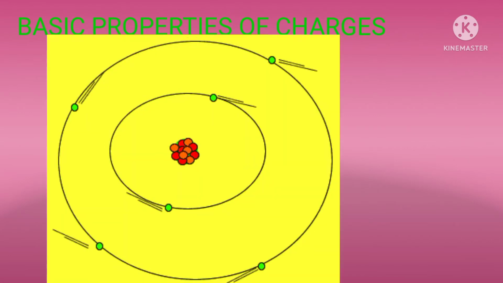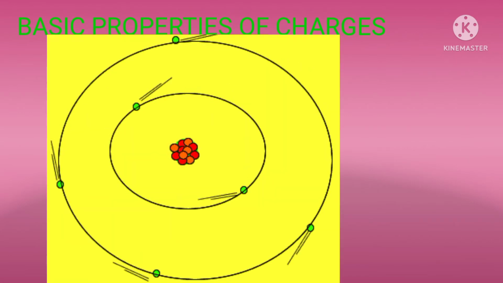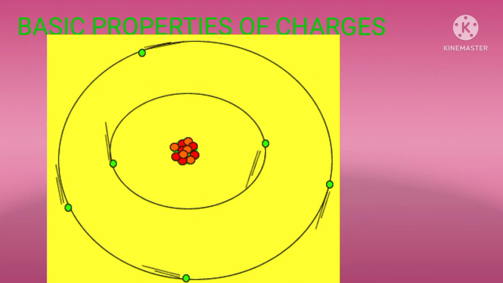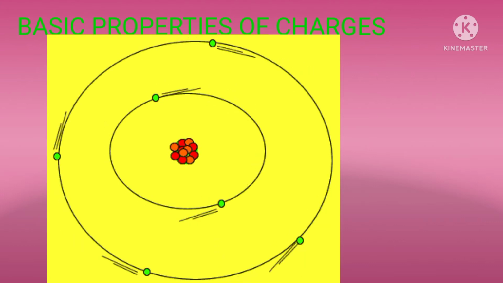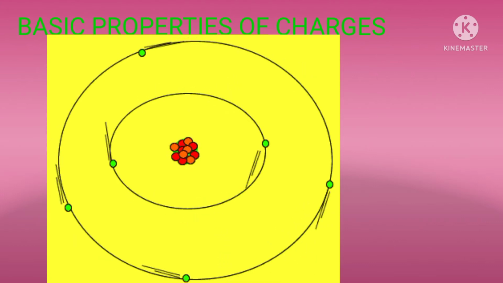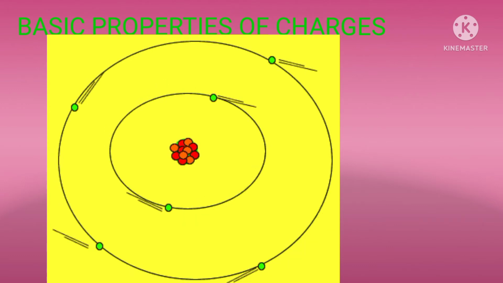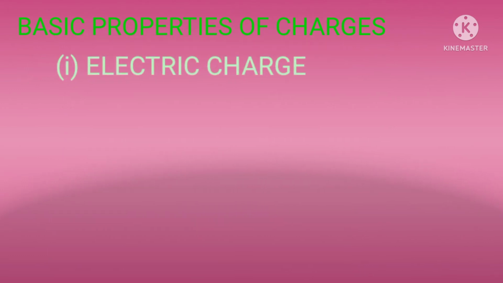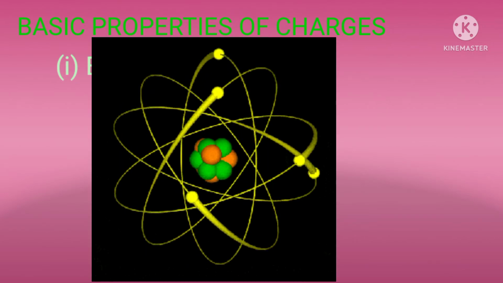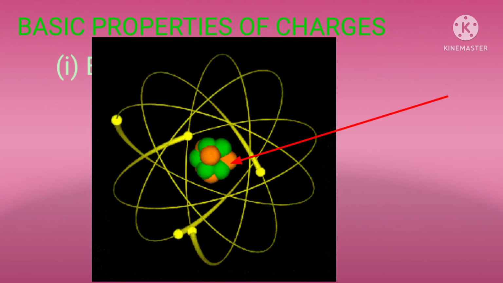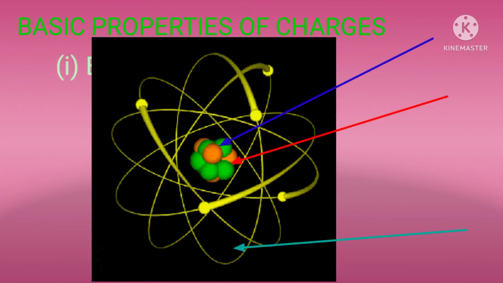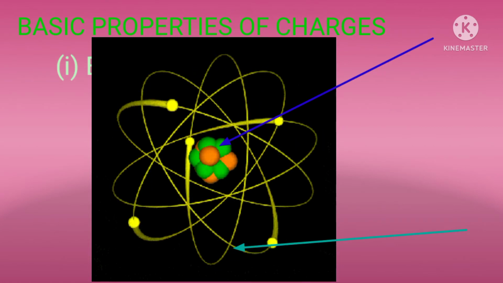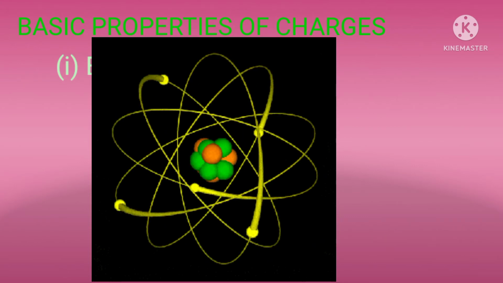Basic properties of charges. There are certain basic properties of electric charges. Let us see them one by one. The first property is electric charge. Most objects in the universe are made up of atoms, which in turn are made up of protons, neutrons, and electrons.